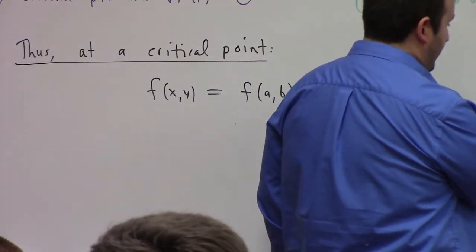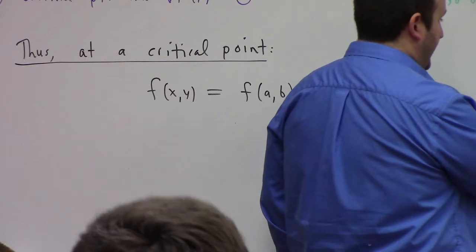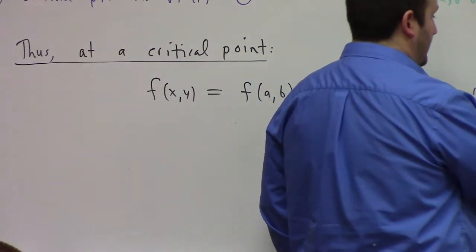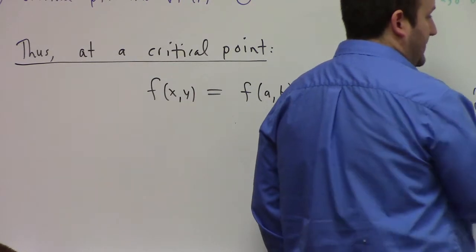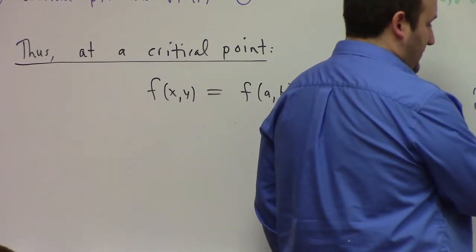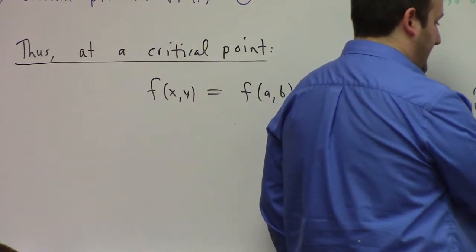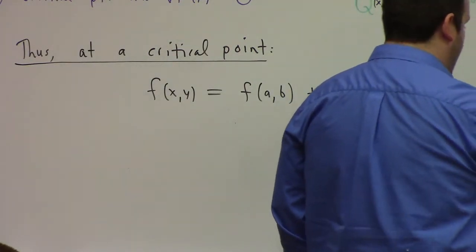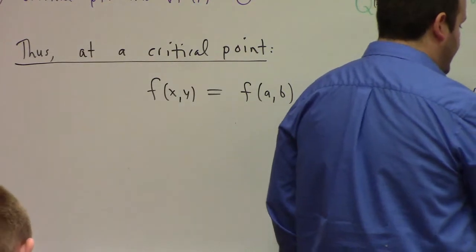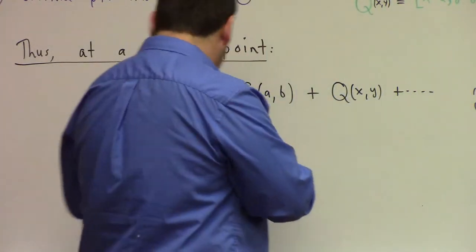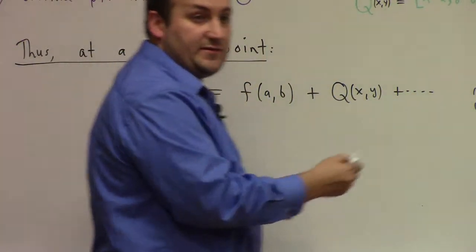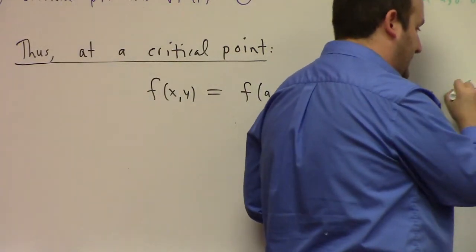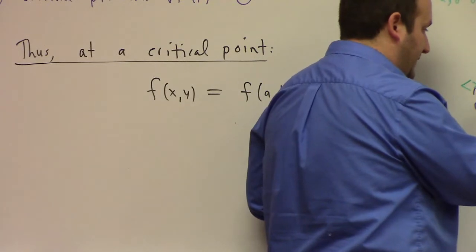If this is the point a, b, and this distance is, say, distance 1 from there, then the displacement vector from the center to the point x, y is x minus a, y minus b.